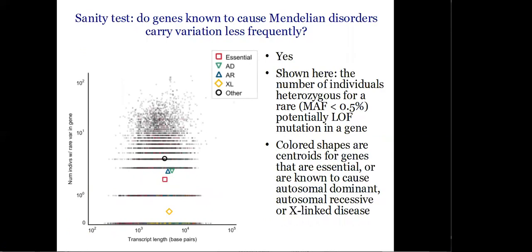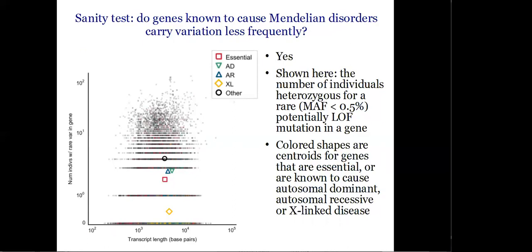Next, just as a sanity test, I looked at whether genes known to cause Mendelian disorders tend to have fewer individuals with rare variants in the gene. And we find that that is the case.